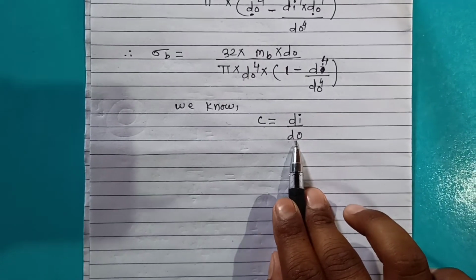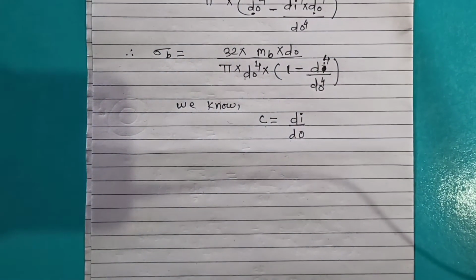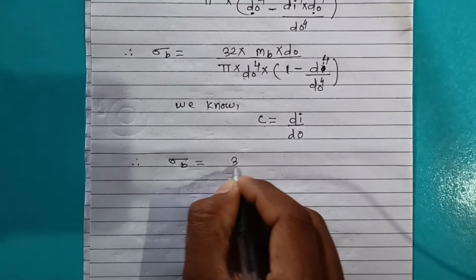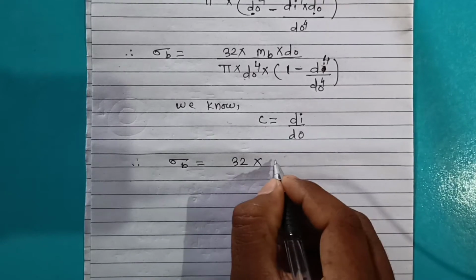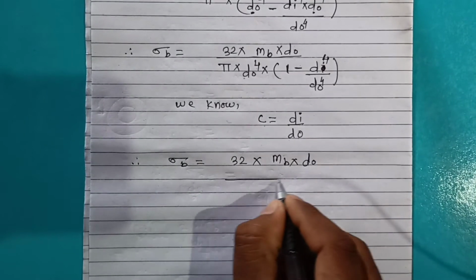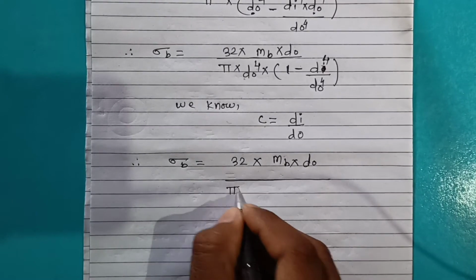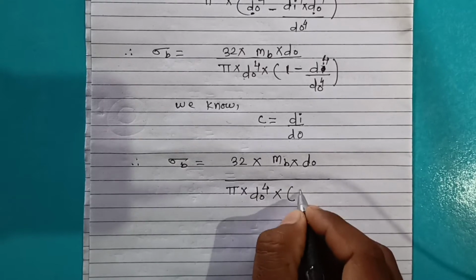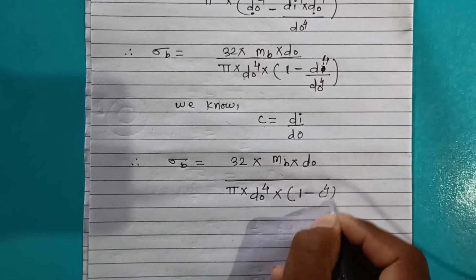Now this ratio is put in the above equation, and the equation becomes sigma b is equal to 32 into Mb into do divided by pi into do raised to 4 into, in bracket, 1 minus C raised to 4.